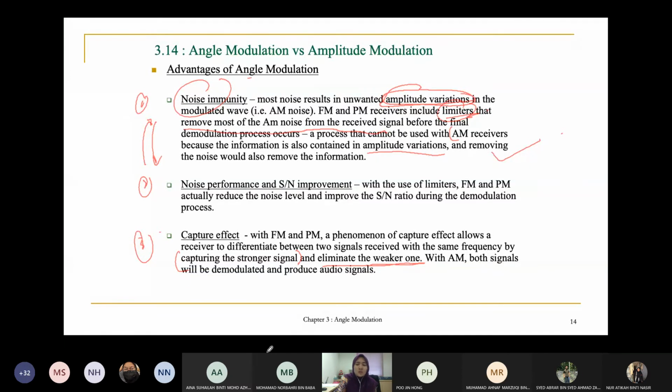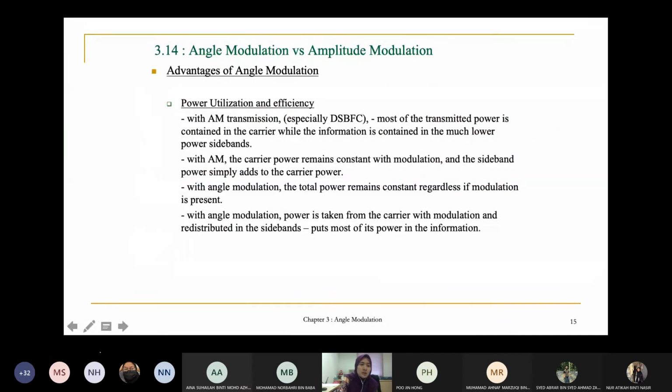Lastly, the advantage of angle modulation is in terms of power utilization and efficiency. For angle modulation, the power is taken from the carrier with modulation and redistributed in the sidebands. Here you have your frequency spectrum.